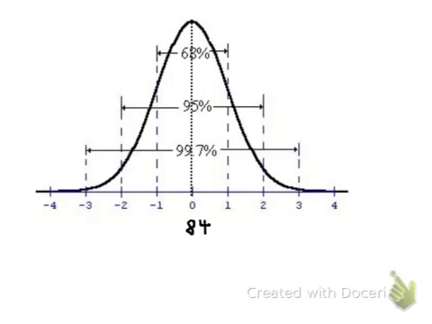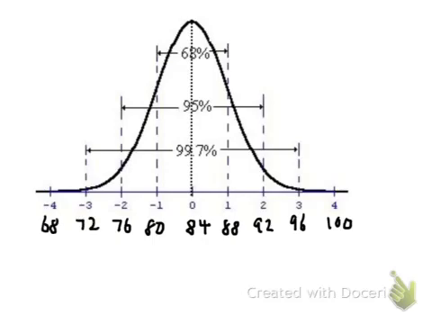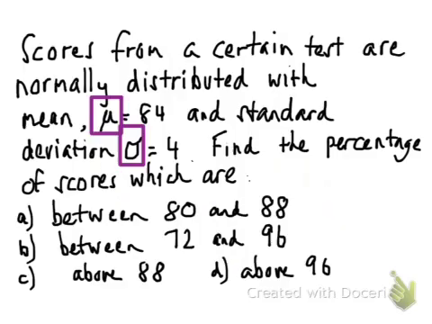And because the standard deviation is 4, I now add 4 to 84 to make 88. 88 plus 4 is 92, plus another 4 is 96. And the other way we subtract 4s. So you can see how I'm doing that. That's the first thing. Make sure that you do that first up. So I've put those figures in there, and now I can have a look at the questions.